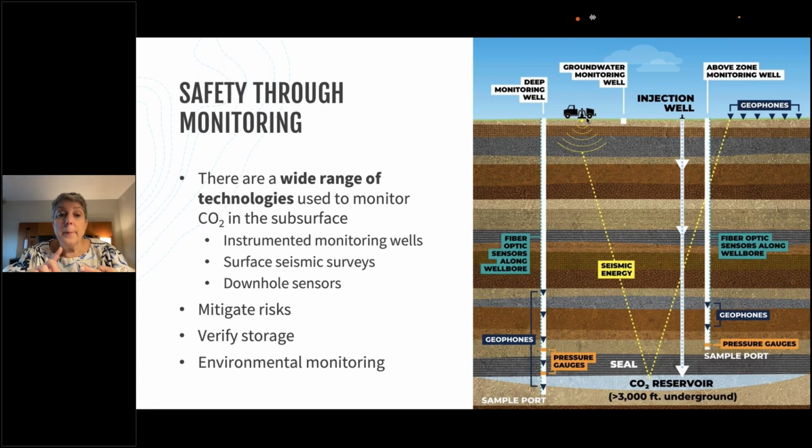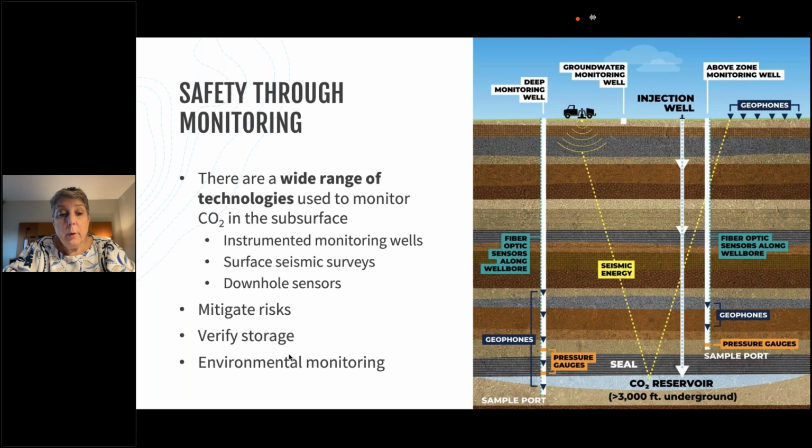Monitoring is used to identify and mitigate risks, to verify storage, and to ensure human health and safety. One of the best mechanisms that we have for ensuring that monitoring and safe storage are happening is through regulations administered by the United States Environmental Protection Agency through something called the Underground Injection Control Program.